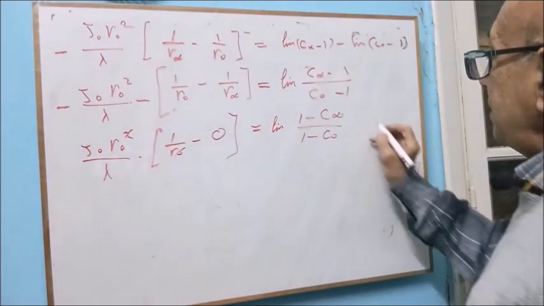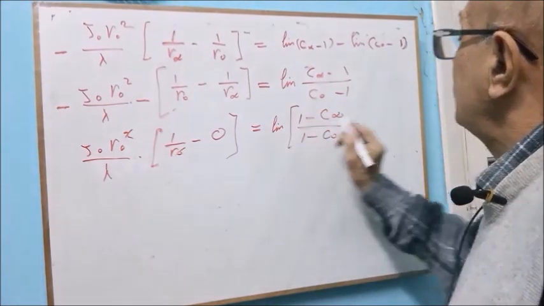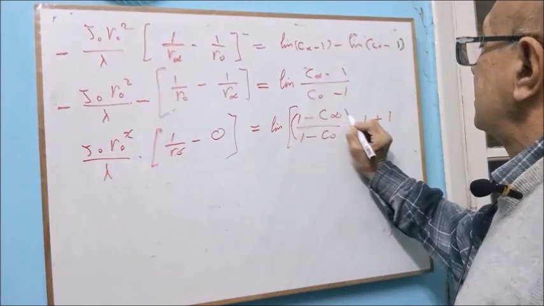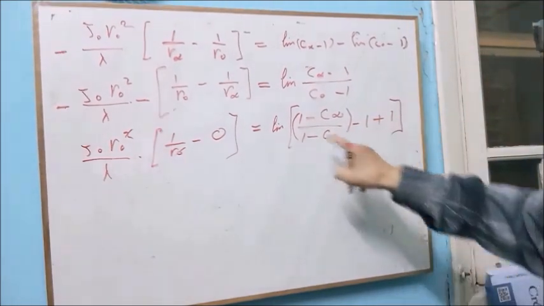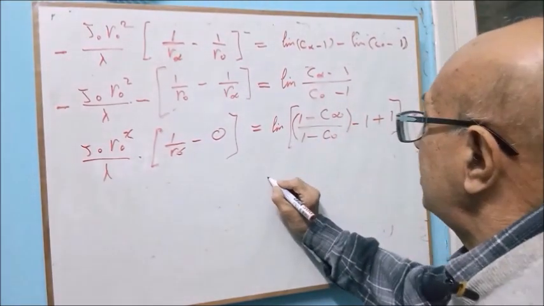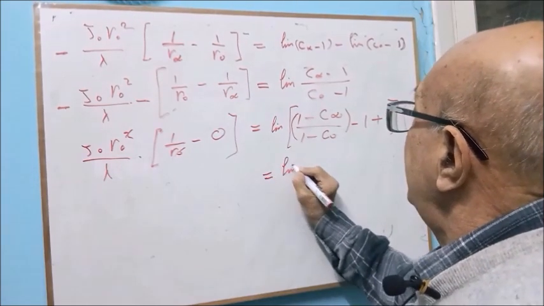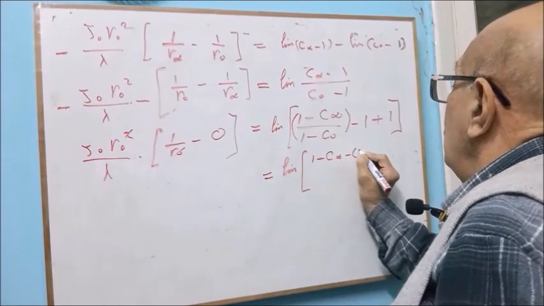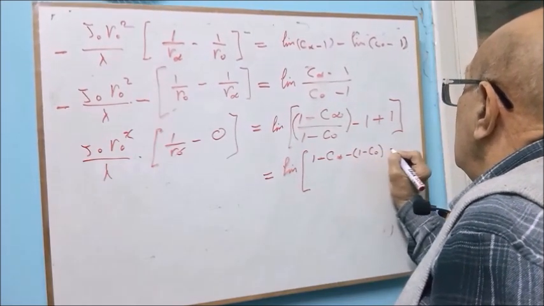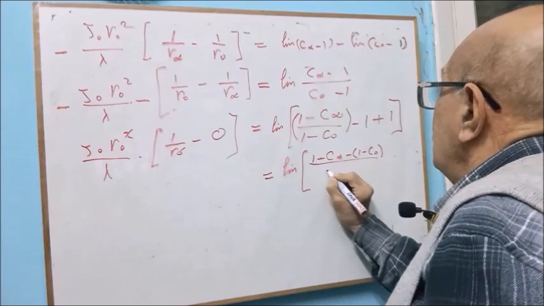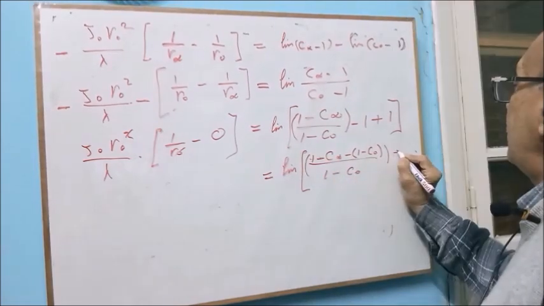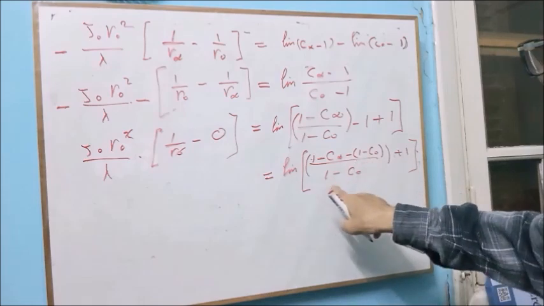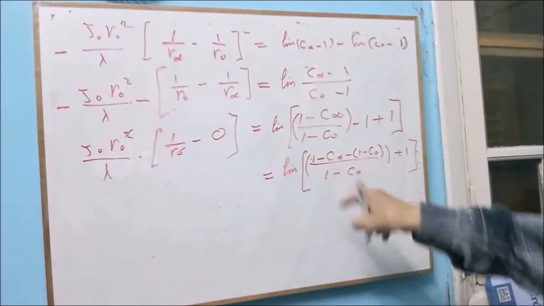Let's play a game here and subtract from this quantity minus 1 and add plus 1. Nothing changes. Let's see what this yields. It will give us ln of 1 minus C infinity minus 1 minus C0 over 1 minus C0. All this plus 1.